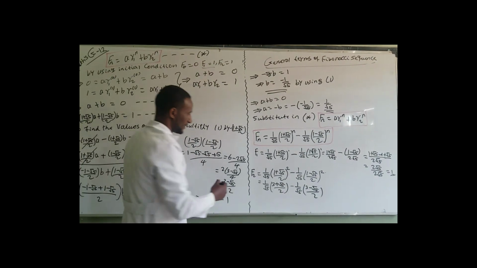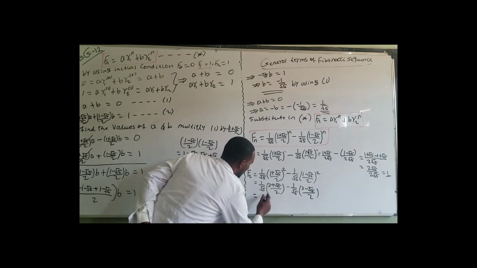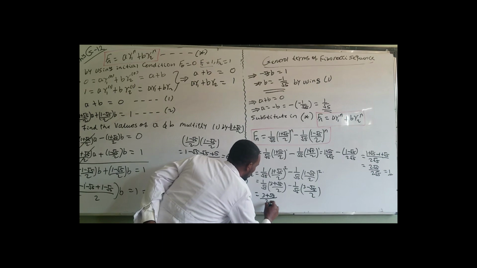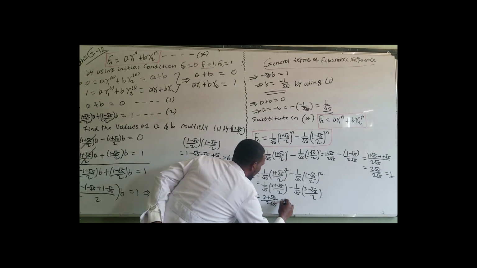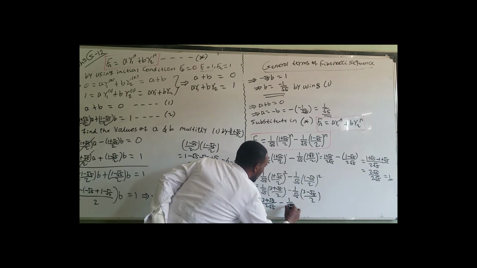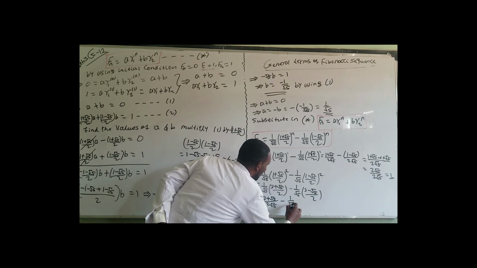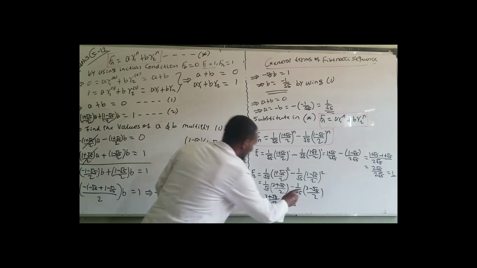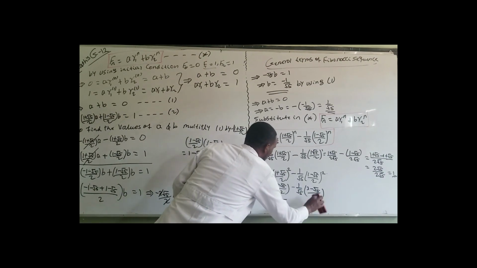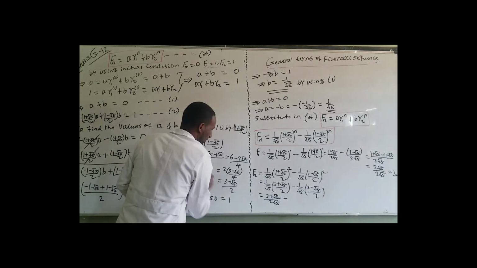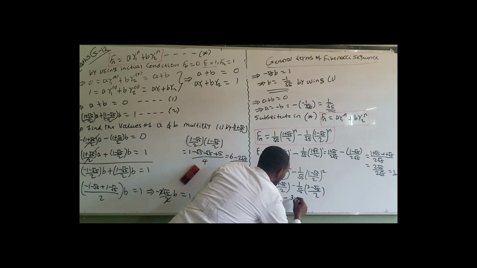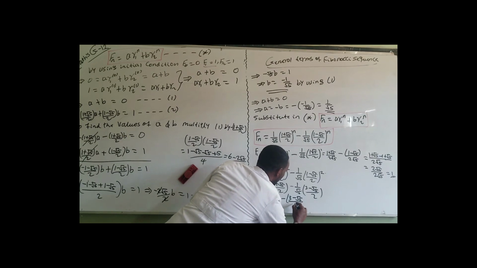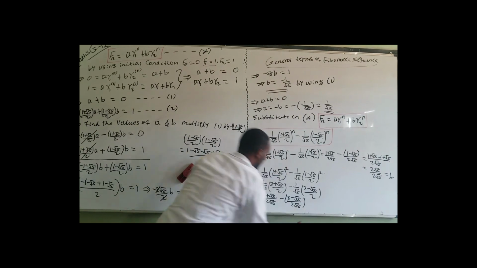Then when we multiply this, what does it become? 3 plus root of 5 over 2 root of 5 minus 3 minus root of 5 over 2 root of 5.